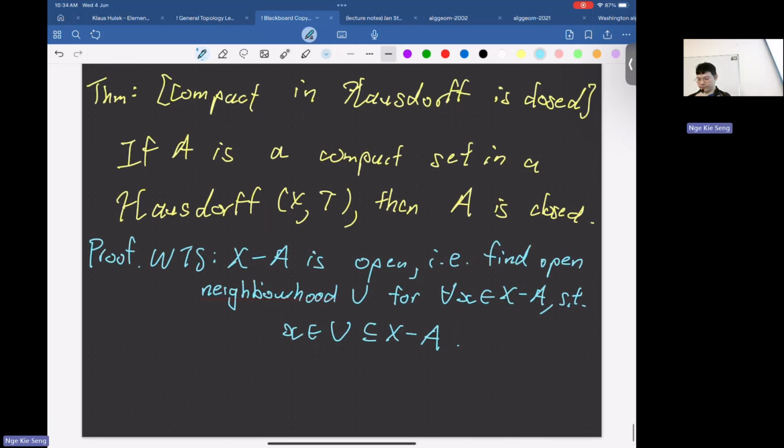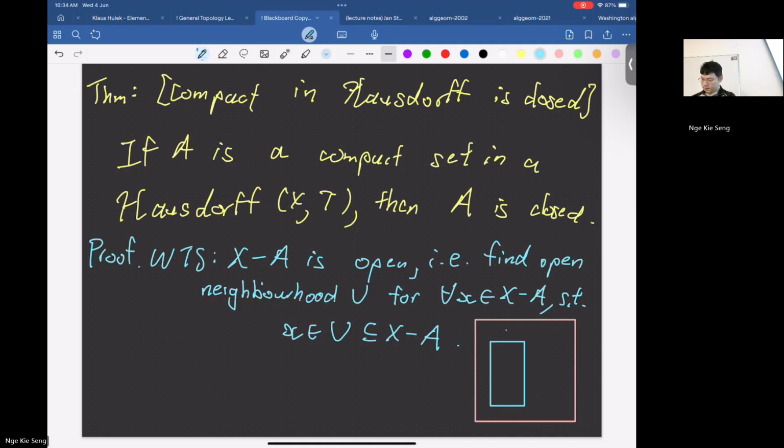Let's say we have an x here, and then we have A. We're not sure that the complement is open; the complement may be somewhere outside here.